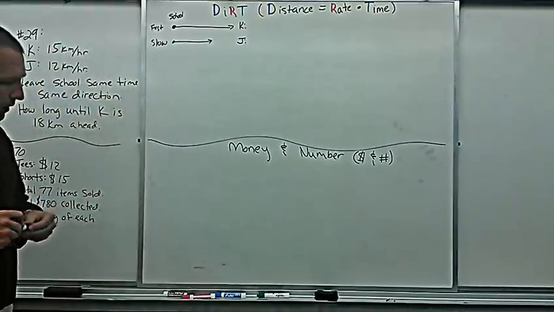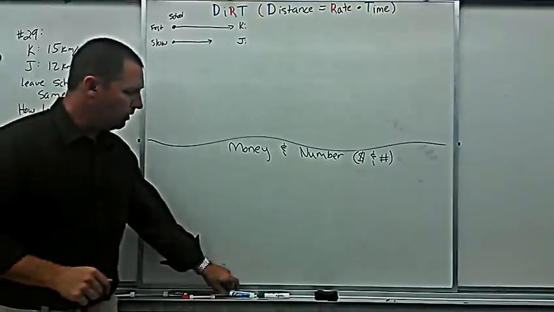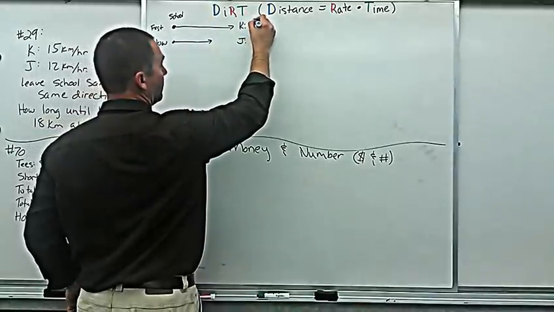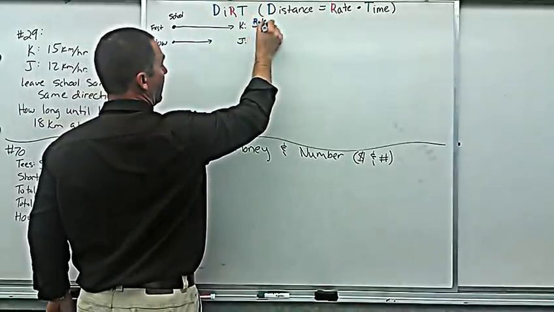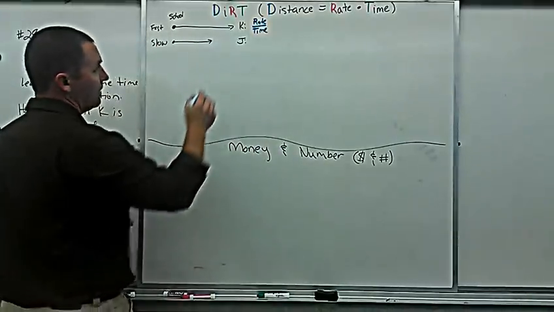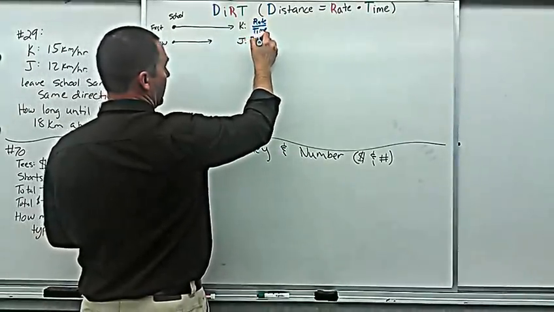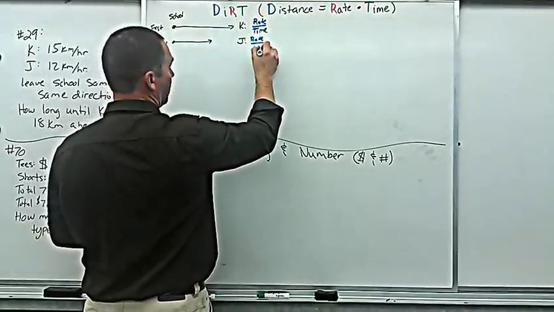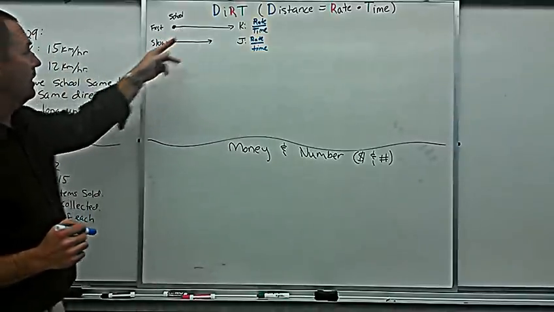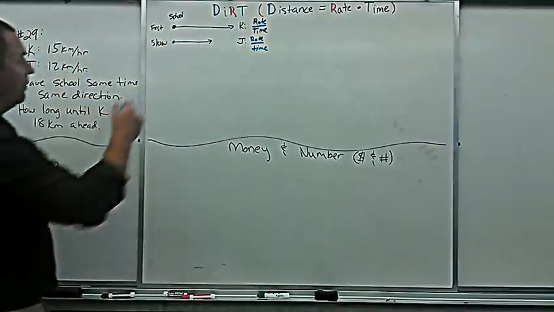So now we're going to fill in the information that we have. I'm going to always put the rate on top and the time on the bottom. Rate on top and time on the bottom. So I know the fast rate tells me that it's 15 kilometers per hour.